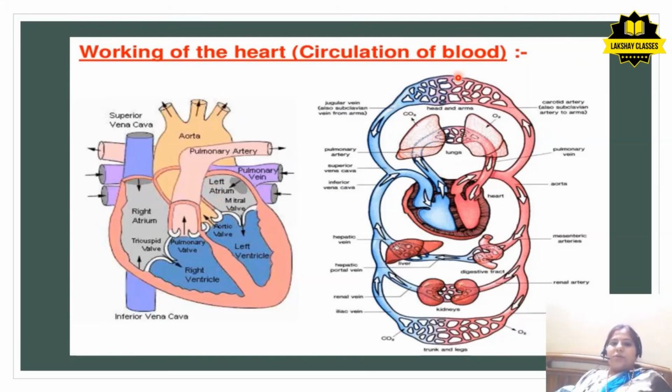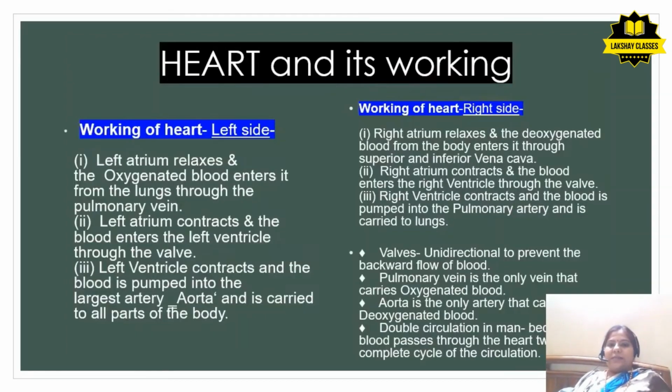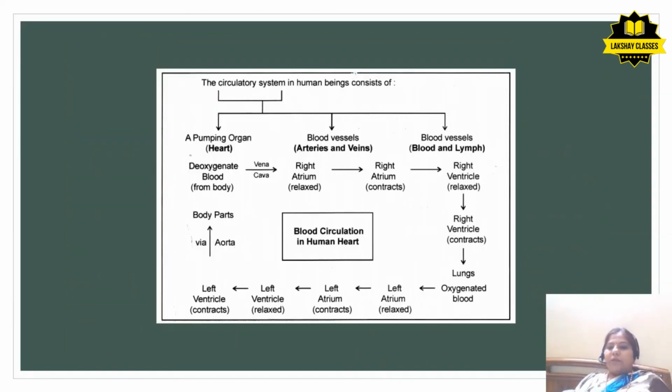Right. So this is a typical pathway which is shown here for the circulation of the blood. This blue color part is showing the deoxygenated blood, and this red color part is showing the flow of oxygenated blood or pure blood. So let's understand the pathway of the blood flow in our heart.